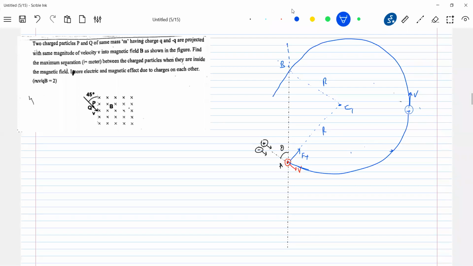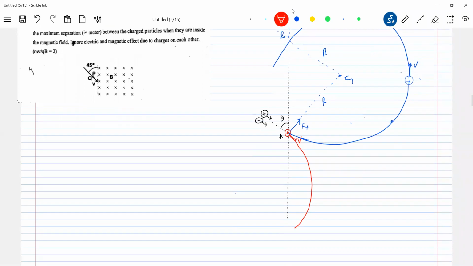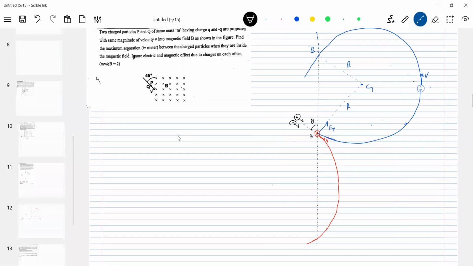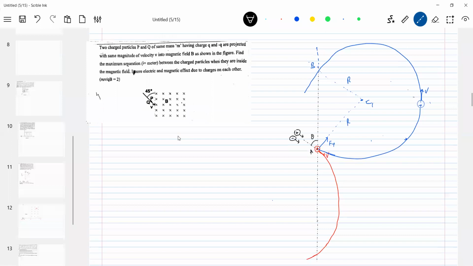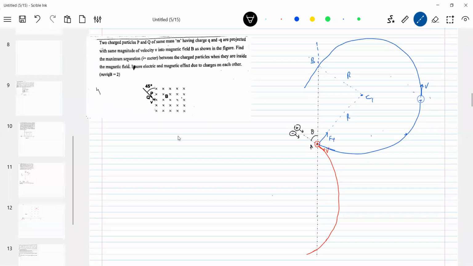What about the negative charge? The force is opposite to this, so the center of curvature should lie outside the magnetic field. So this particular particle is going to describe a path. I'll decrease the size so that we can accommodate the total. So this will be the path of the particle.